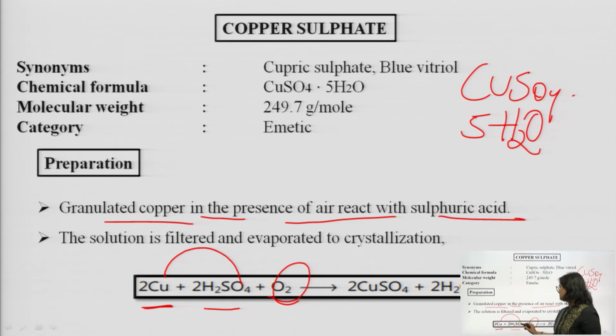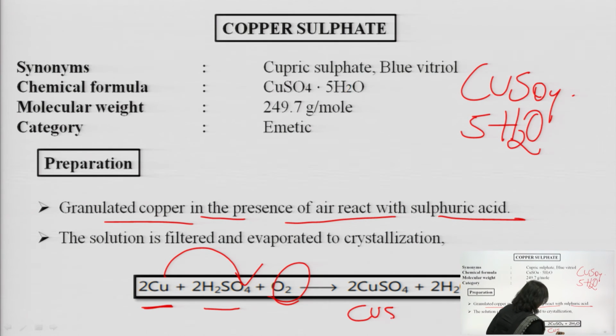This forms copper sulphate, CuSO4. We balance the reaction: 2 molecules of copper react with 2 molecules of sulfuric acid in the presence of 1 molecule of oxygen, forming 2 molecules of copper sulphate, and water gets released. Basically, it is a dehydration reaction where water is released.